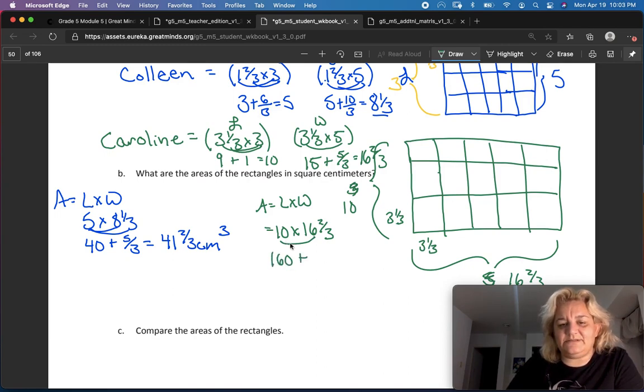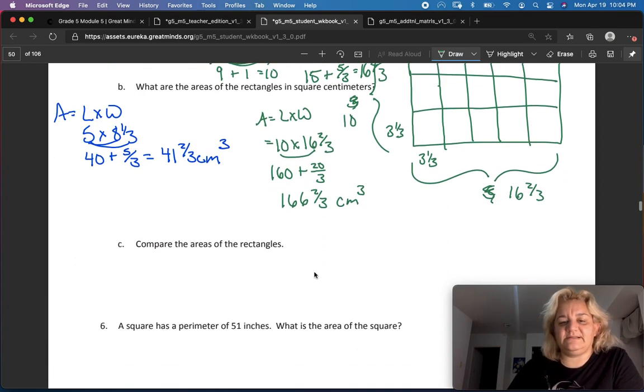And 10 times 2/3 is 20/3, which would be 6 and 2 left over. So that would be 166 and 2/3 centimeters cubed. Compare the areas of the triangle.